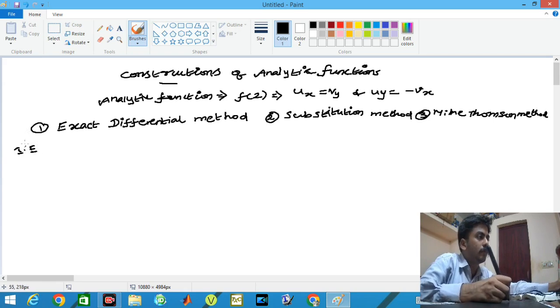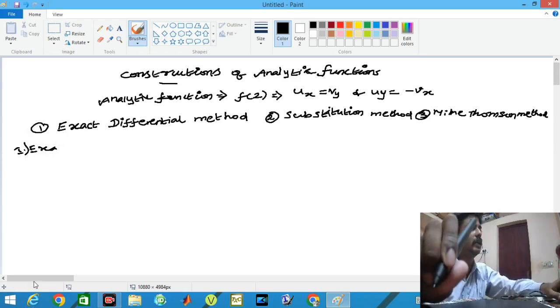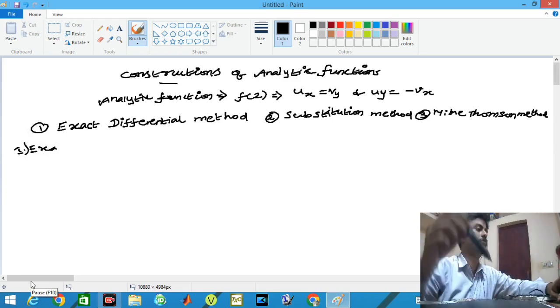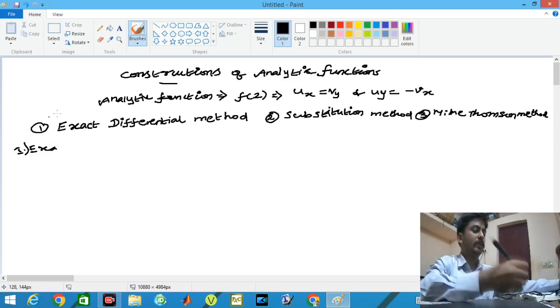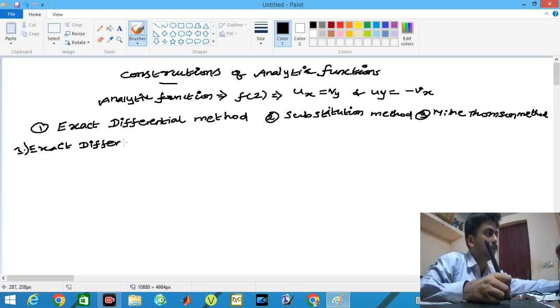First method is the exact differential method.